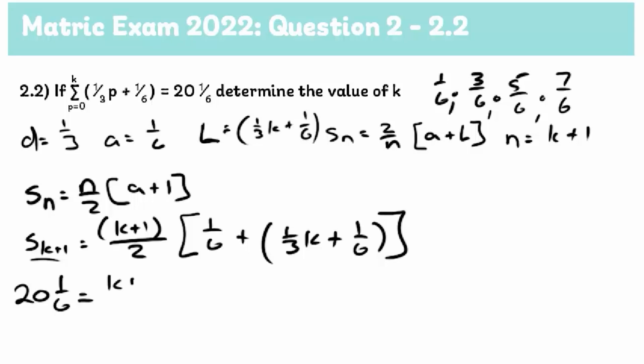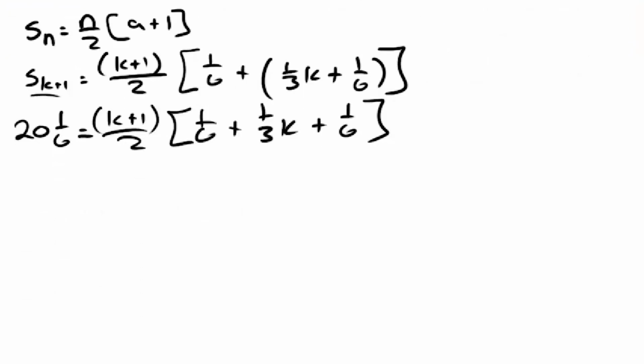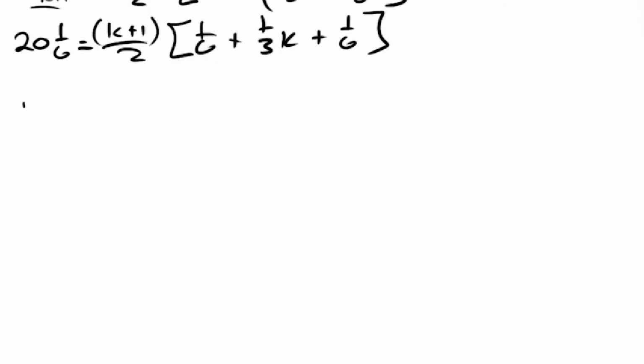And what does that equal? That'll equal k plus 1 over 2, times 1/6 plus 1 over 3k plus 1/6. Let's work this quickly out. So I'm just going to move this up so we can see what we're doing. Okay, so 121 over 6 equals k plus 1 over 2.